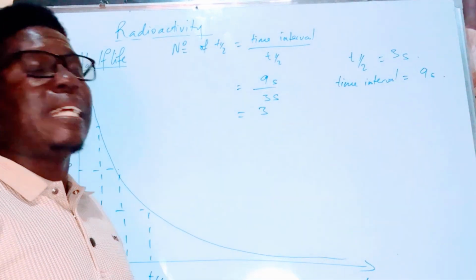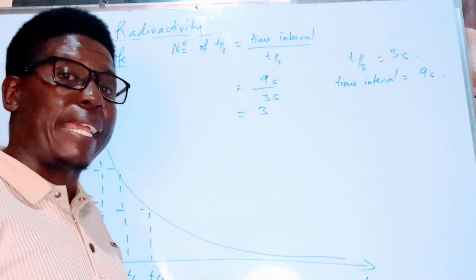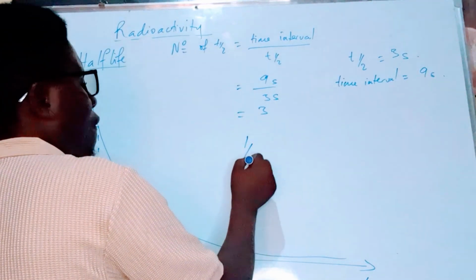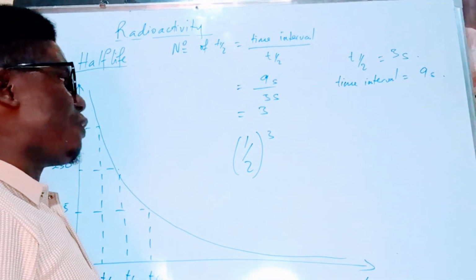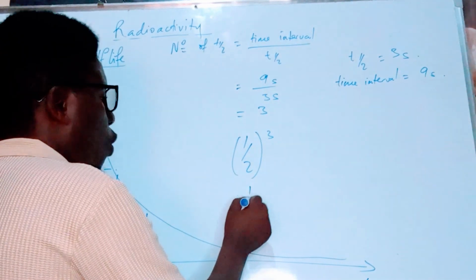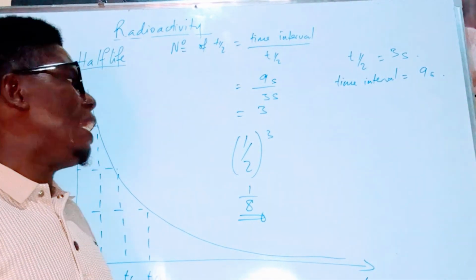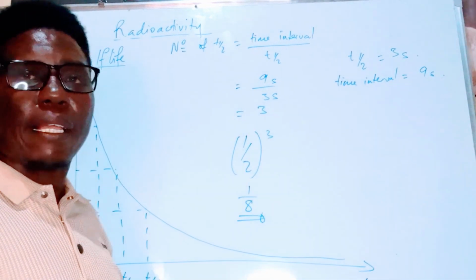So to find the fraction of the sample that remains undecayed after 9 seconds, we will say half to the power of 3. So if we say half to the power of 3, we'll get 1 over 8. So this is the fraction of the sample that remains undecayed after 9 seconds.